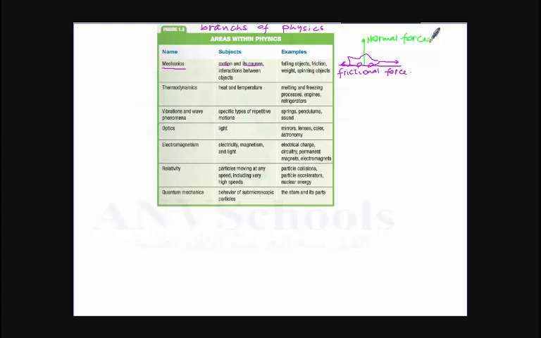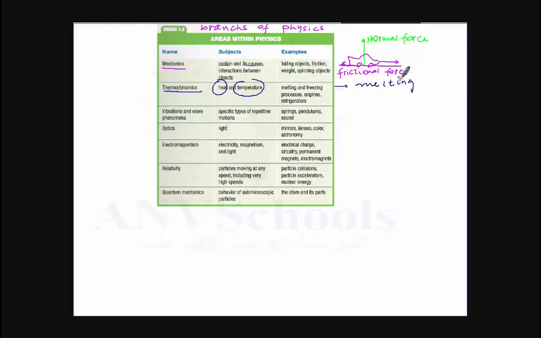The second branch of physics is thermodynamics. As I told you before, thermodynamics studies about the relationship between heat and temperature. Why do objects melt? For example, objects melt when they are heated.